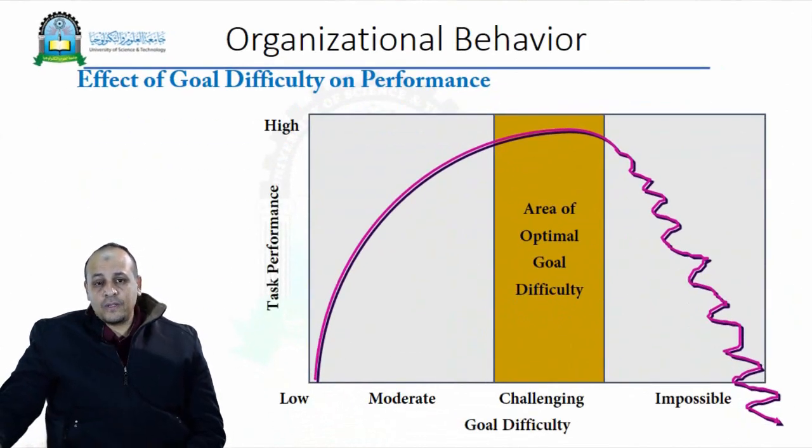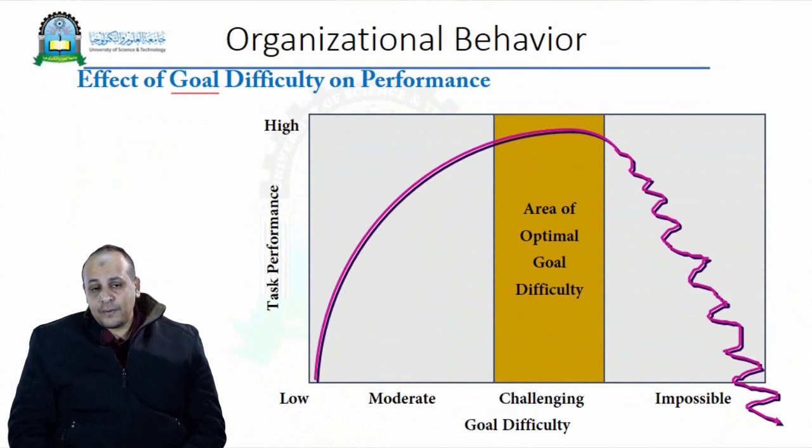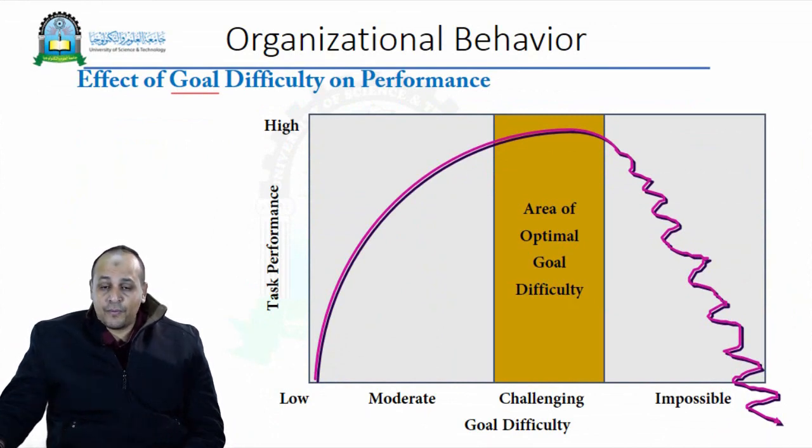Now, effective of goal difficulty and performance, we talked about goal setting here. We have objectives and we have goals. However, when we talk about the level of difficulty of goals, we will talk about the performance. And that is why a lot of companies would like to check upon these issues. Here, we have the task performance and we have the goal difficulty.